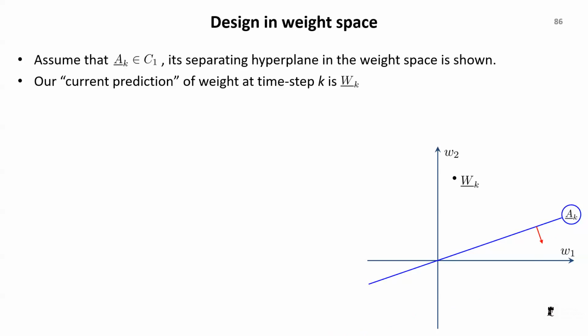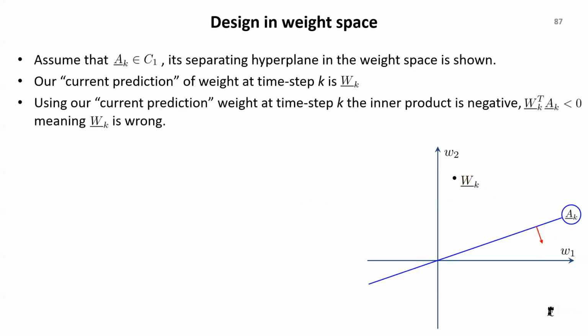Now assume that our random weight is there. Of course, this random weight is wrong, because if we multiply the weight with this point, we get a negative, since anything behind the orientation is negative and is wrong. So we need to move. But where to move? This is the vector for the weight, from the origin to this point.